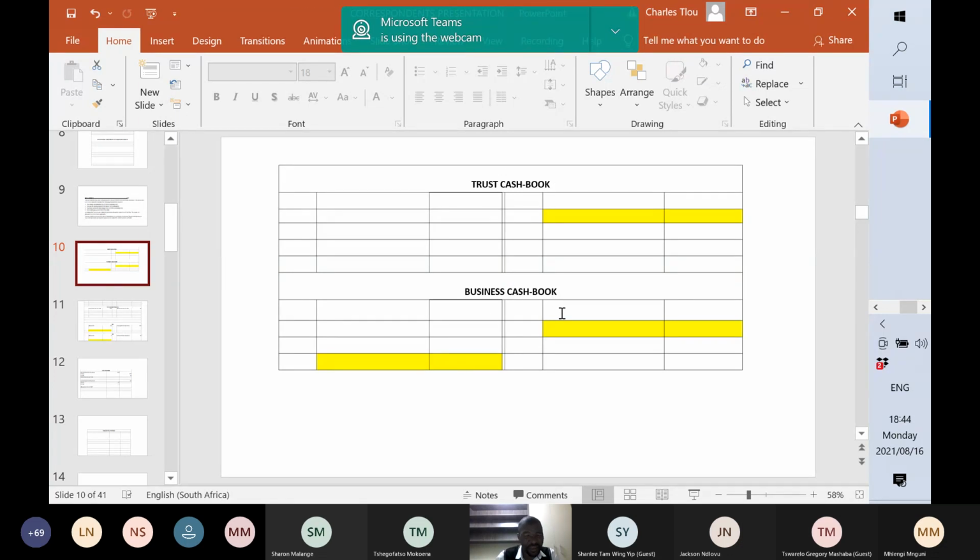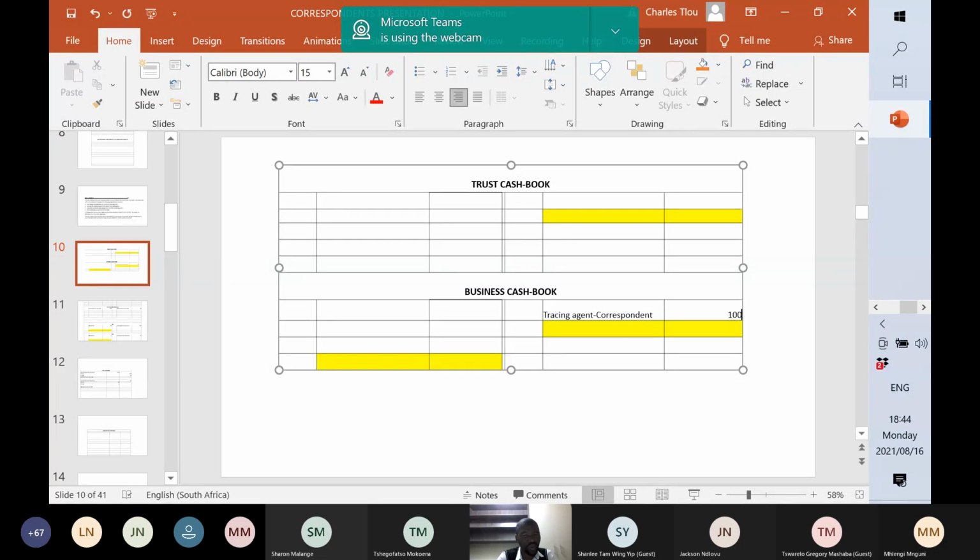You come here on the credit side and say tracing agent. You are paying it on behalf of correspondent, and that tracing agent's fee is 100 rands. Go to your business cash book credit side, you credit with 100 rands.